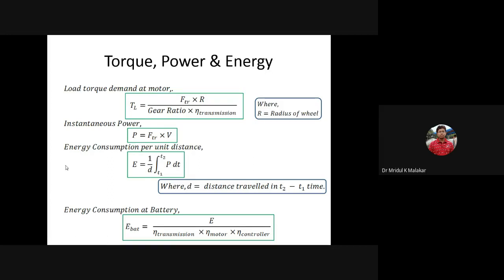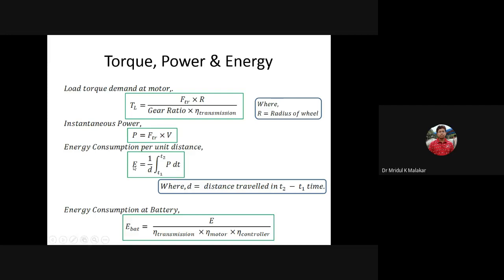In the same way, how much energy it is taking: the distance traveled from one place to another point at time t1 and time t2, and power into time, you will get the energy consumption.